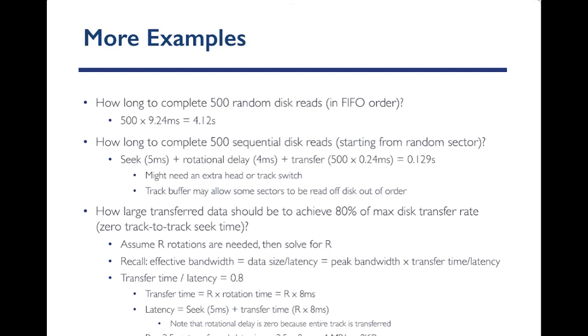And then we transfer that track, and then we move to another track to transfer. So these R tracks are neighbors, so we don't pay any seek time. We just pay the seek time for the first one.